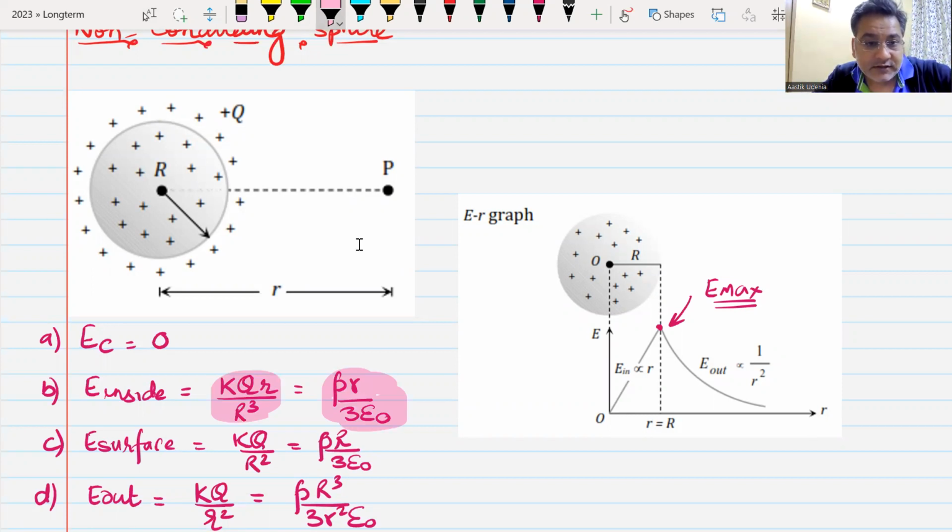Then this was due to a full sphere. If you have a hemispherical charged body, hemispherical shell, then what is the electric field?